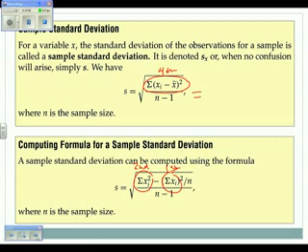If we do S for the table that we just filled out, we would have it be the square root of, what was that sum, 26.75? Okay. And then what was our n for the previous data set? 4, because there were 4 data values.